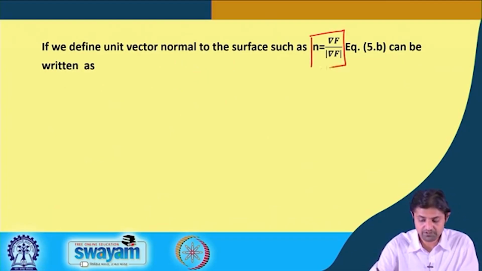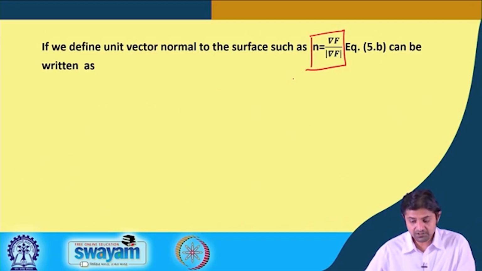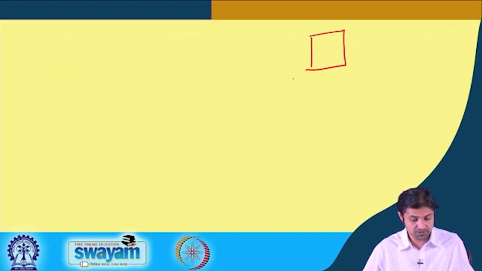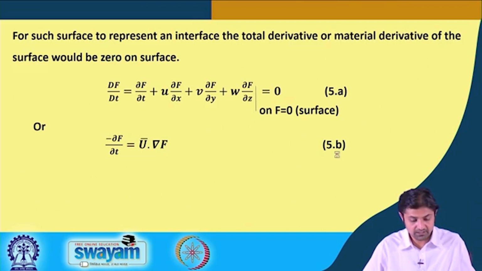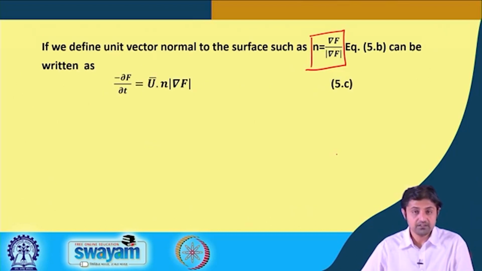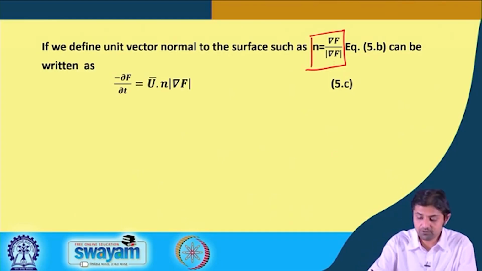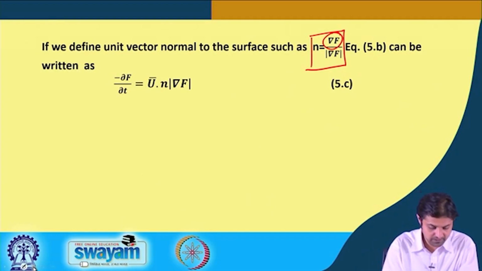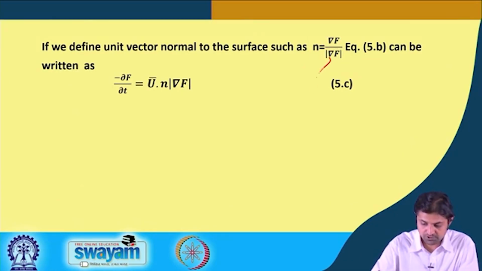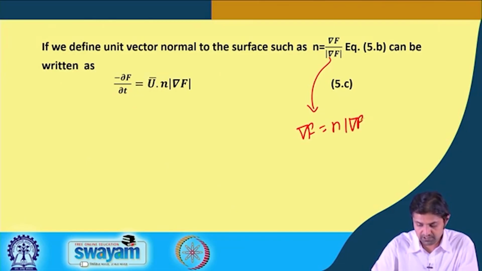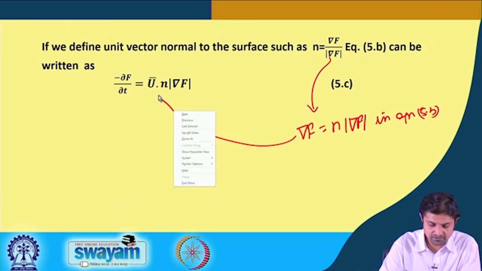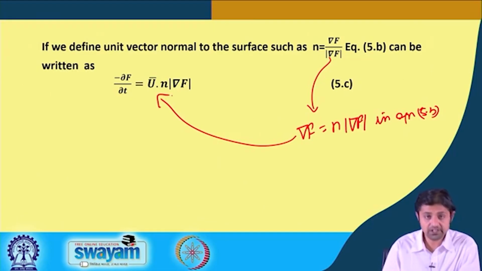Using this n, we can write equation 5b as minus del f del t is equal to u dot n mod del f. We substituted this in equation 5b and we get this value.